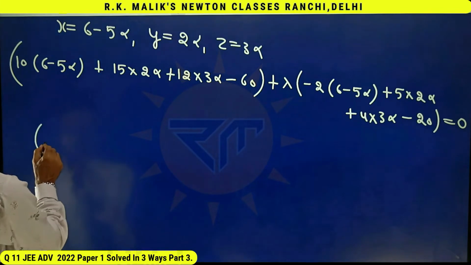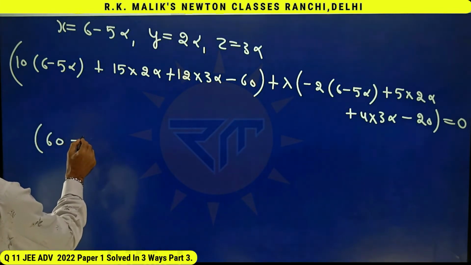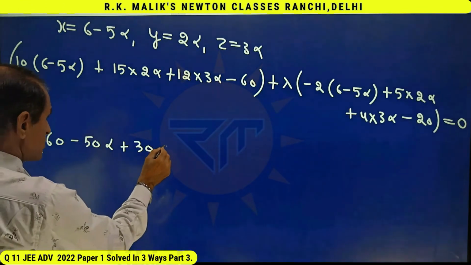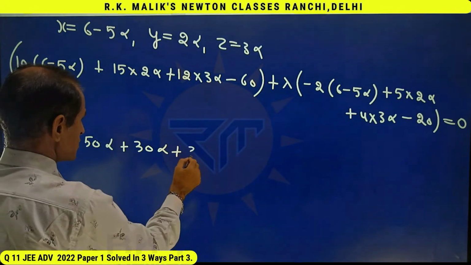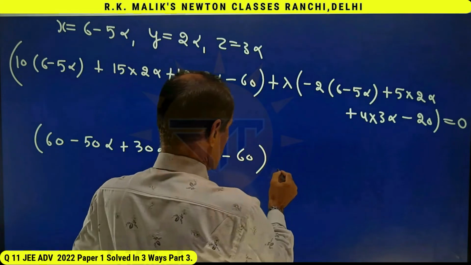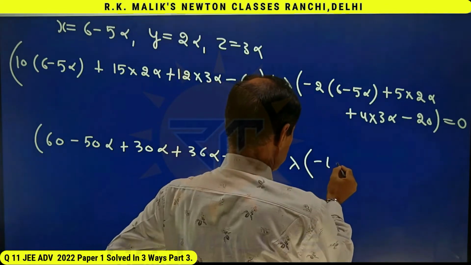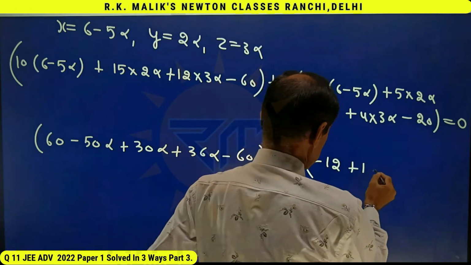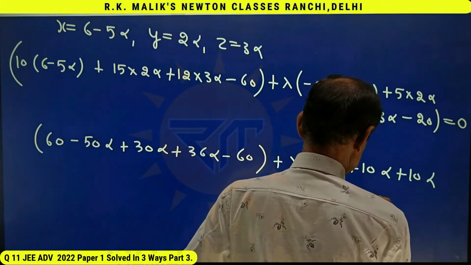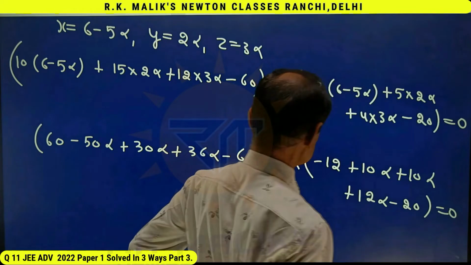That is, I get 60 minus 50 alpha plus 30 alpha plus 36 alpha minus 60 plus lambda into minus 12 plus 10 alpha plus 10 alpha plus 12 alpha minus 20 equal 0.